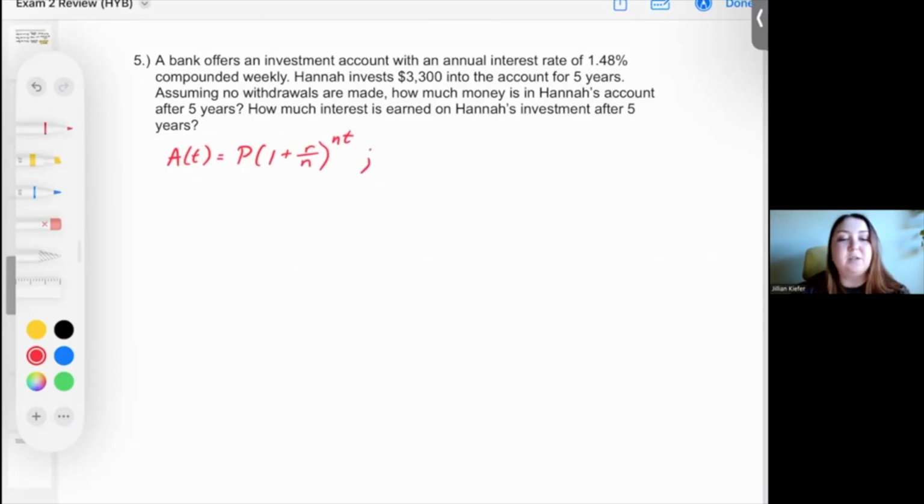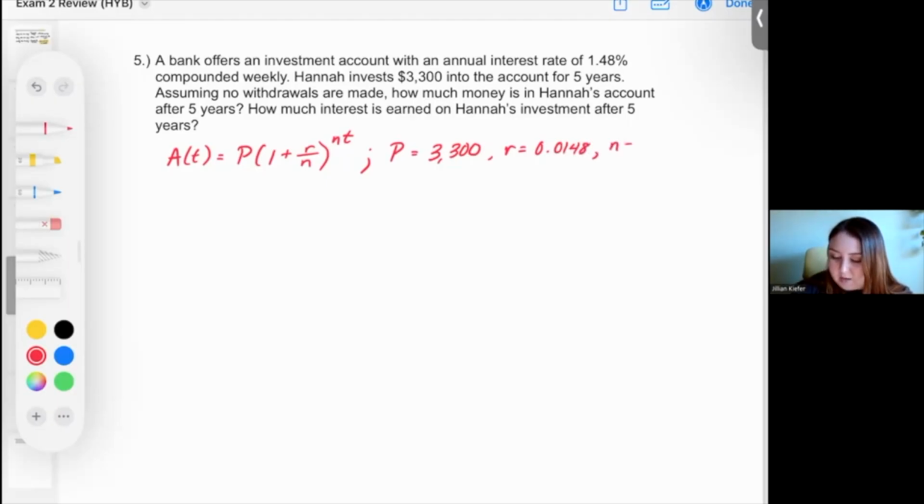So this is our compound interest formula, and we can go ahead and pick out the parts of information that we'll use for our formula. So we know that the principal we said was 3,300. Then we have the rate was 1.48%. So that'd be 0.0148 in decimal.